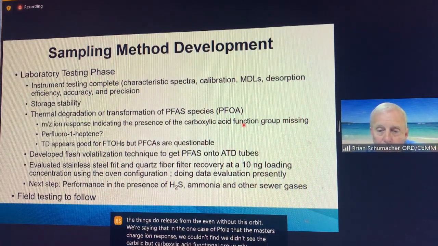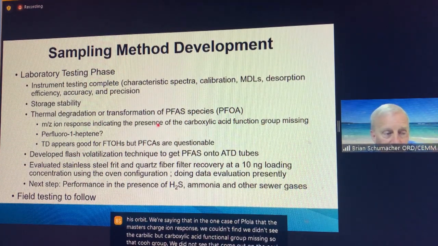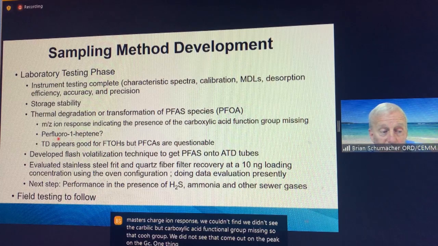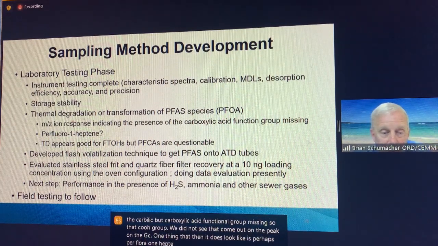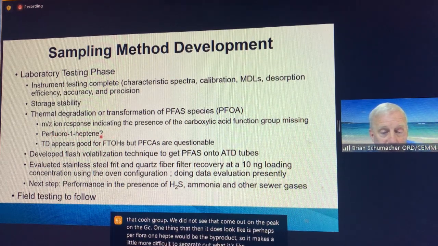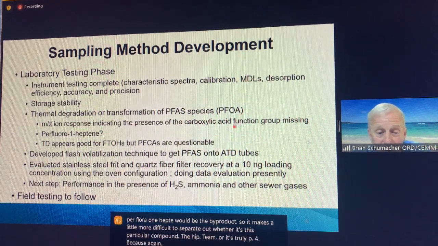That COOH group did not come out on the peak on the GC. It does look like perhaps perfluoro-1-heptene would be the byproduct. So it makes it a little more difficult to separate out whether it's this particular compound, the heptene, or truly PFOA, because again, we're missing the carboxylic acid functional group.